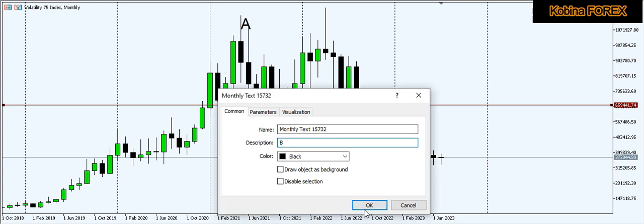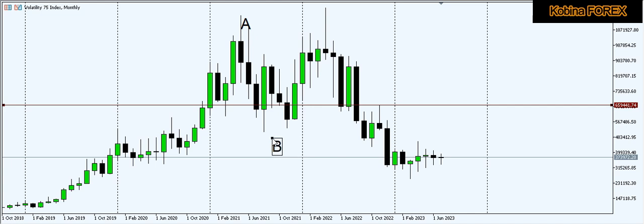Where is it, this or is this? Don't get confused. The lower point forms the B. So A, B, then C, we have the breakdown, then a retest into point B. The point B becomes the last bearish candle that drops before the bullish movement upwards.